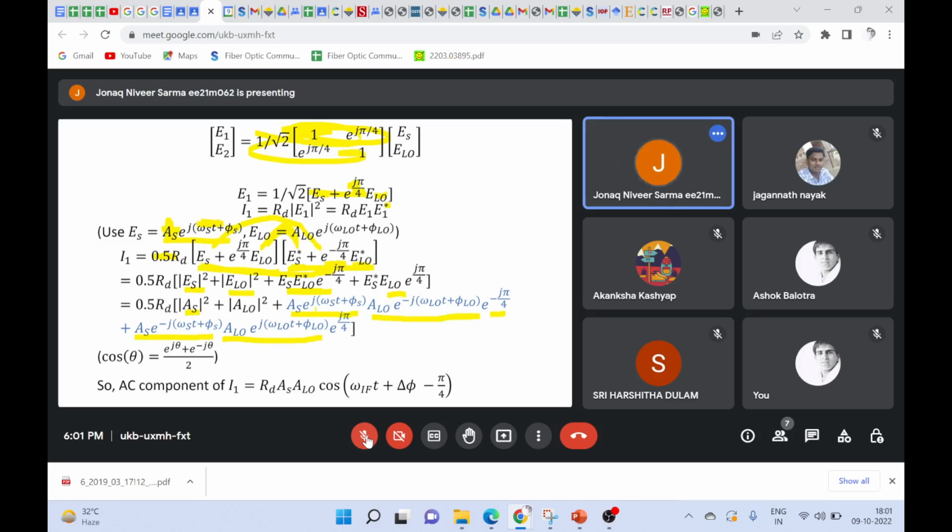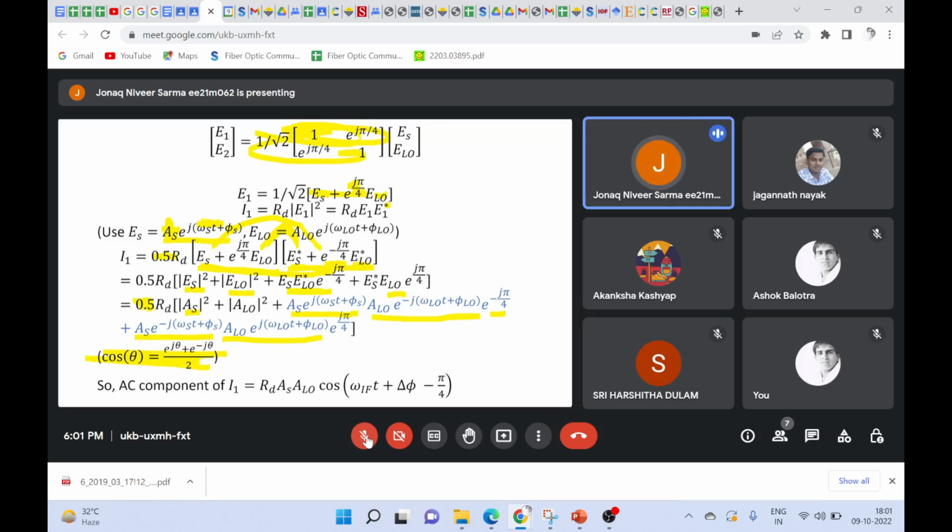So instead of plus omega s t plus phi s, it will be minus omega s t minus phi s. So here you will use this definition of cos theta. This is what you will use, and this is why these two terms can be collected, together with this 0.5 multiplication factor.